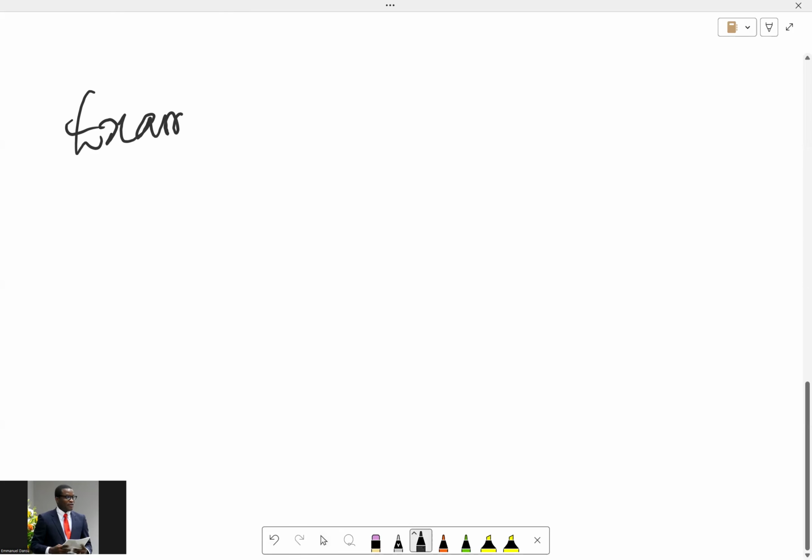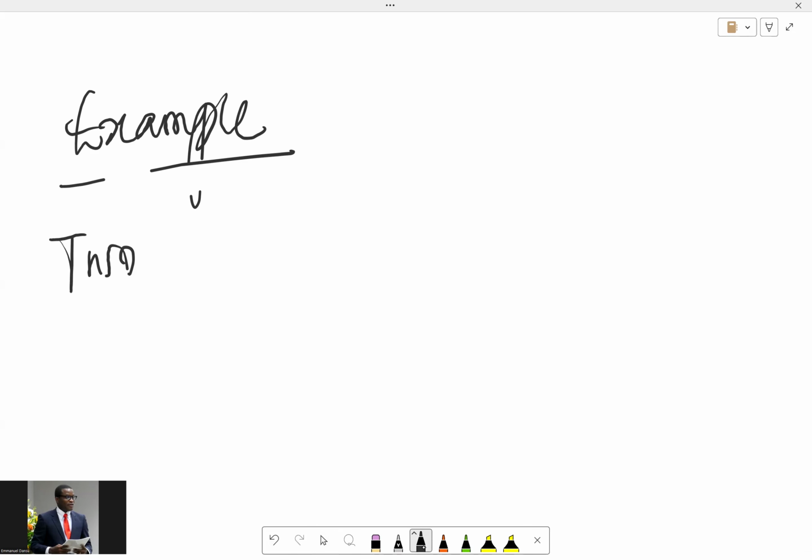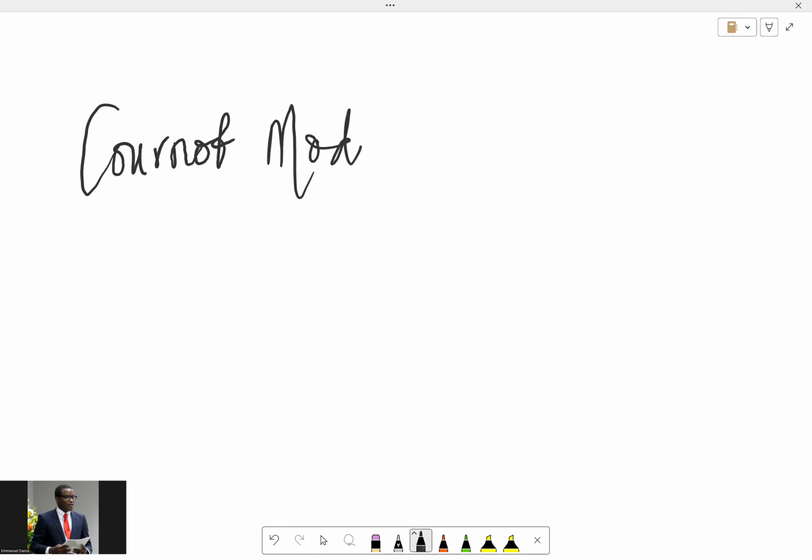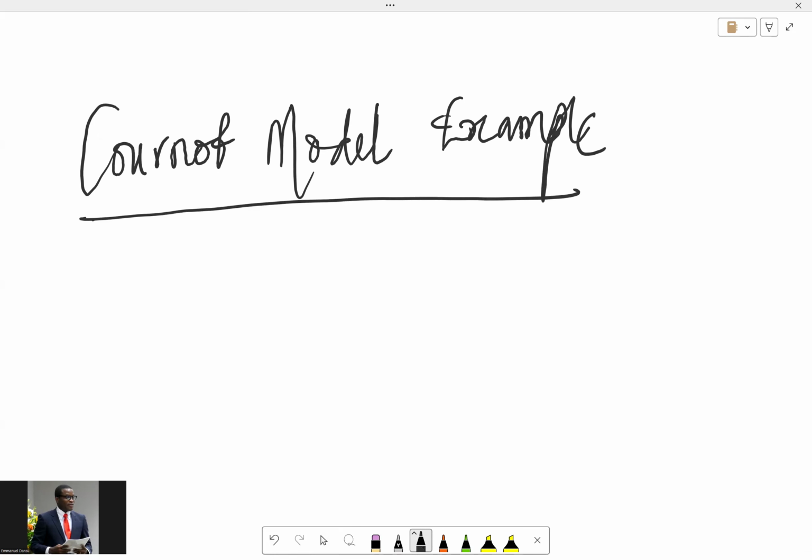Example. So imagine that two firms. Okay, let me just call it Cournot model example. So, by the way, you can also call the Cournot model the Cournot duopoly.